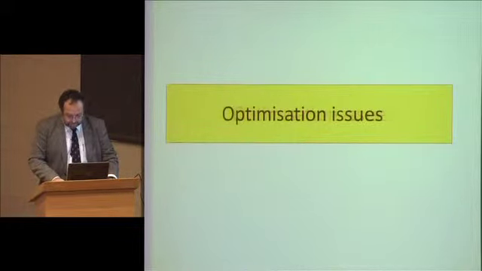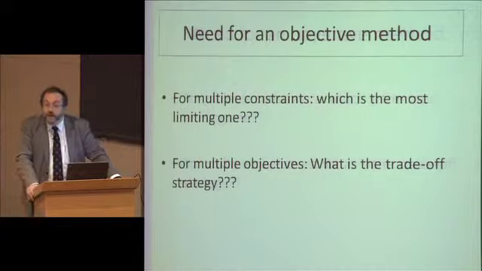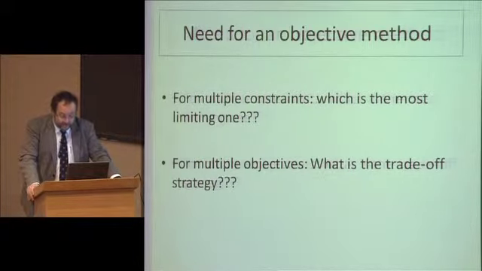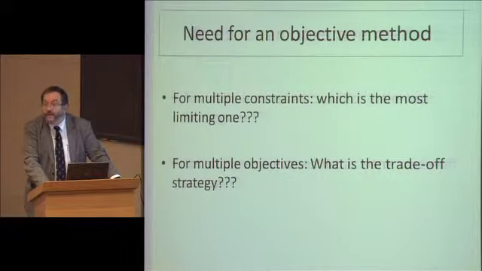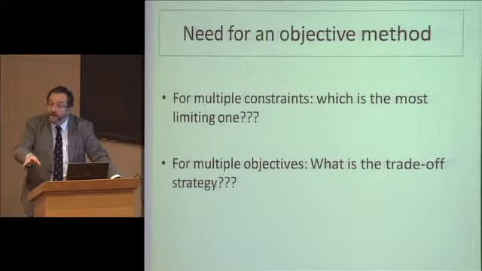So, questions of optimization. So, multi-criteria, multi-objective. When you have multiple constraints, which is the most limiting one? When you have multiple objectives, what is the trade-off strategy?